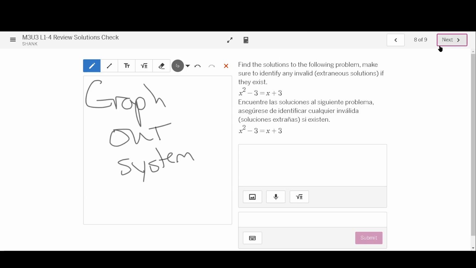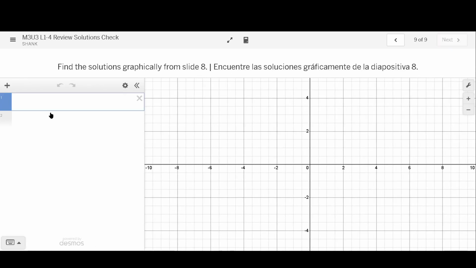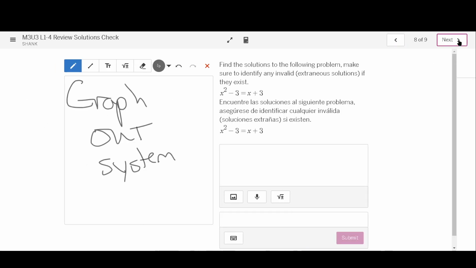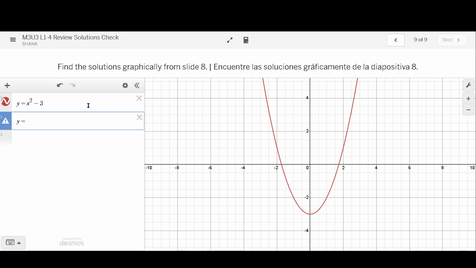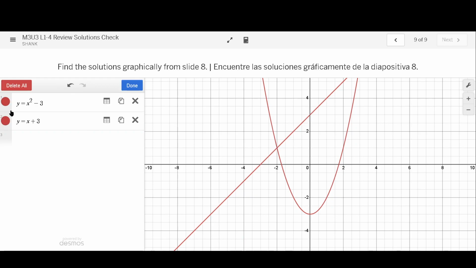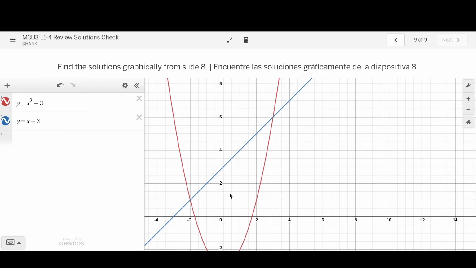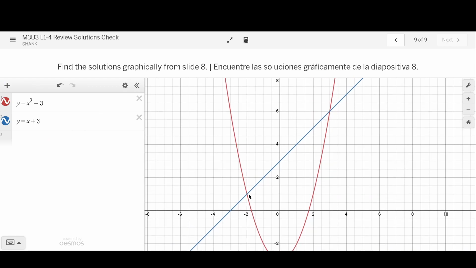So on my last slide, I have y equals x squared minus 3. Okay, there's my first graph, and then I say y equals x plus 3. Let me change this so it's a different color, a little bit easier to see. And if I look, notice how it's hitting at two different points. And so I can say, hey, here are my two solution points.